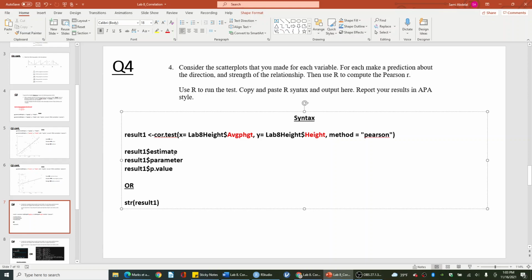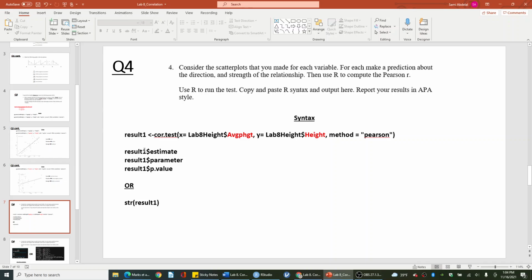So there are a couple of different ways you can get the output here. You can use this syntax here. The estimate would just be our p-value, and then our parameter is the degrees of freedom, and then, oops, I'm sorry.